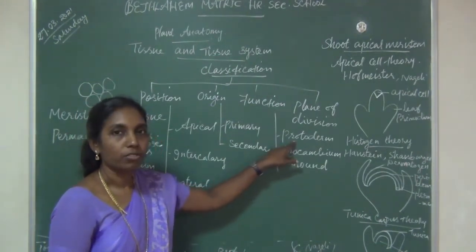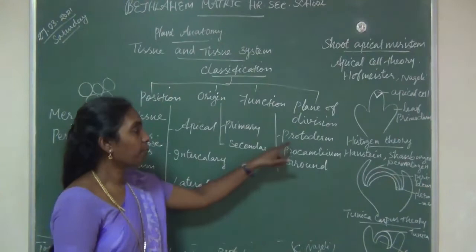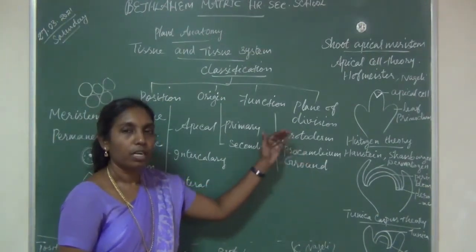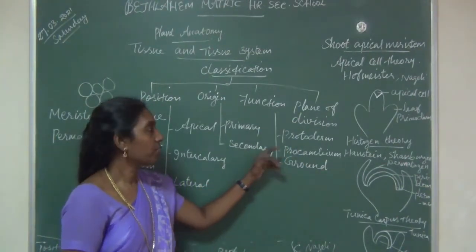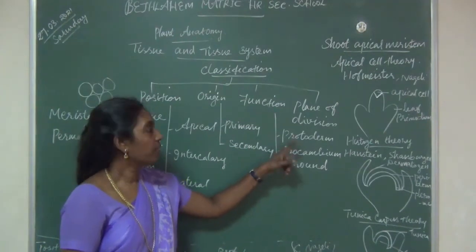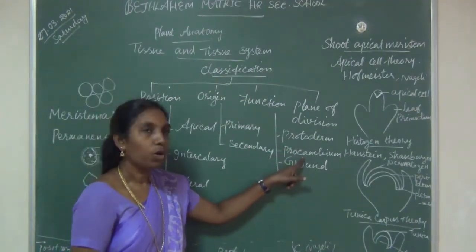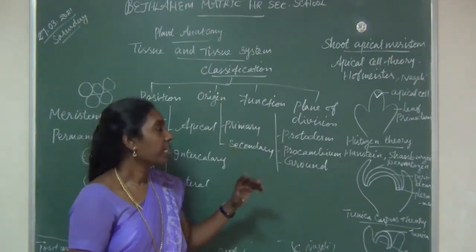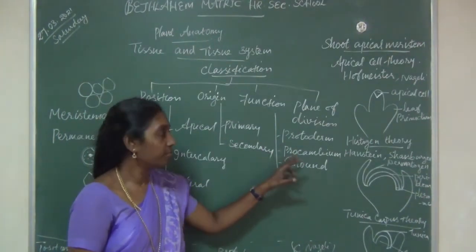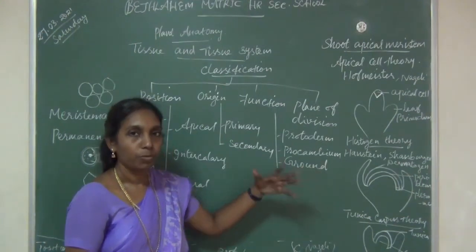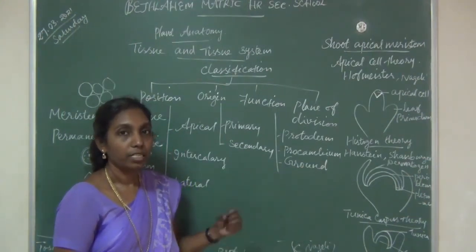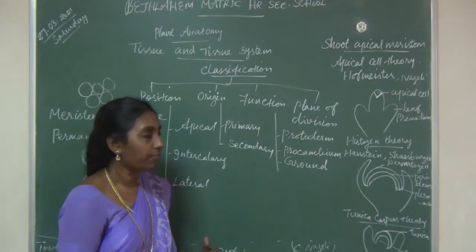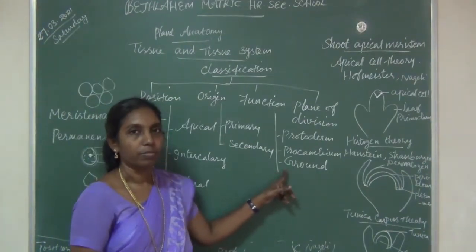Protoderm gives rise to the outermost layer, that is the epidermis. You know very well the outermost layer of the plant body is covered by epidermal tissue, which is derived from the protoderm. Procambium produces the conducting tissues, xylem as well as phloem.